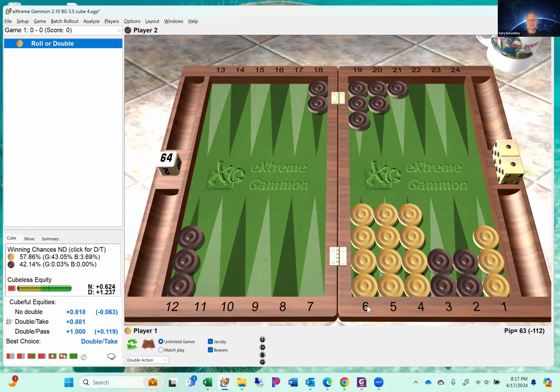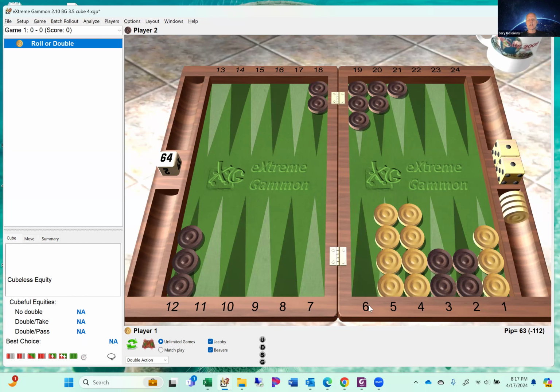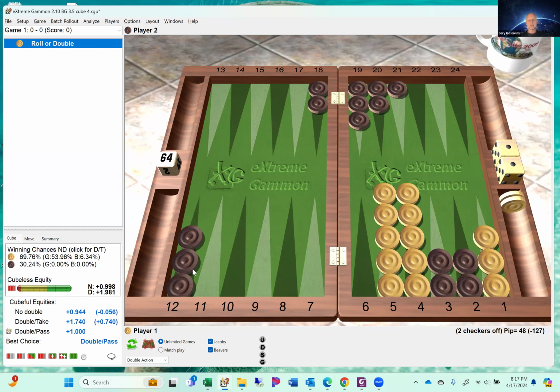So just to carry this forward, three checkers to clear on the deep back game, three is the doubling point. Let's say you've got 2 points to clear, and that's pretty much the passing point.